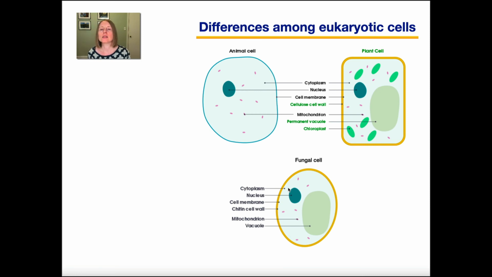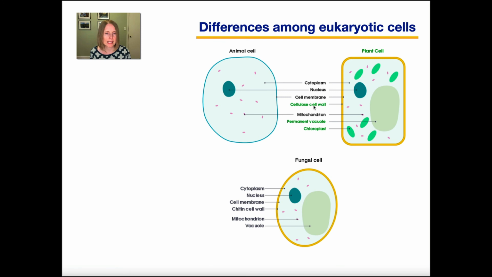So I've been mentioning certain organelles as being specific to certain types of cells. This diagram summarizes some of the differences among animal cells, plant cells, and fungi. It is not extensive. I would more recommend going to your textbook, but I just wanted to give you a quick idea. So there are a variety of structures that are in all eukaryotic cells. For example, the nucleus, the cytoplasm, the plasma membrane, and mitochondria are present in all eukaryotic cells, as well as the ER and the Golgi.